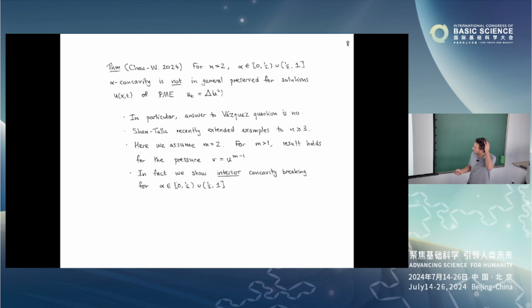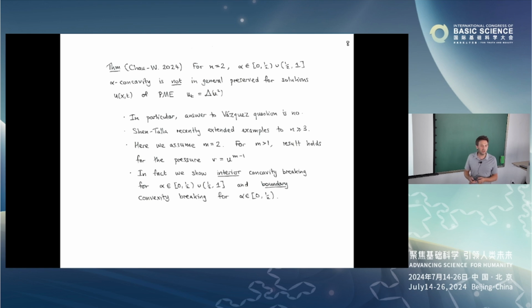So in fact, we show two things. The first thing we show is that you can break concavity in two possible ways. The first is what we call interior concavity breaking, by which I mean that you can lose your alpha concavity in the interior of the support.